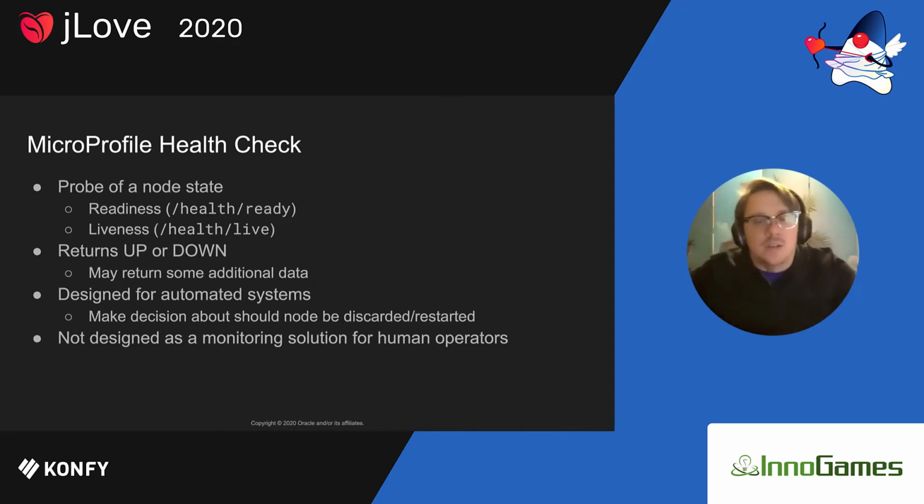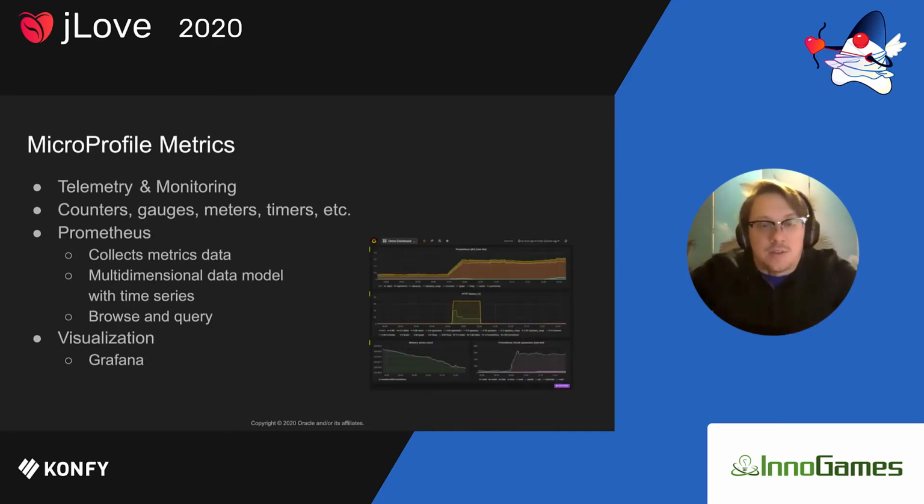It's mostly used by monitoring, not only for human situations, and it's a standard way of doing it. Moreover, you will receive metrics, so you will receive all the telemetry and monitoring from the server, and you can gather this data in Prometheus, the de facto standard, and visualize it with Grafana. So it comes out of the box for you.